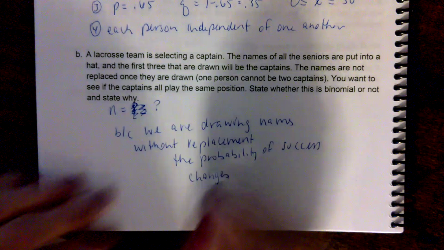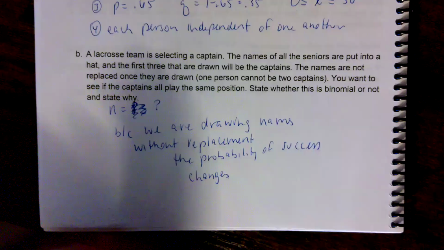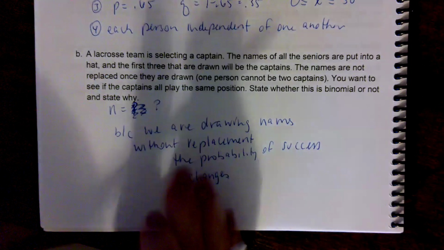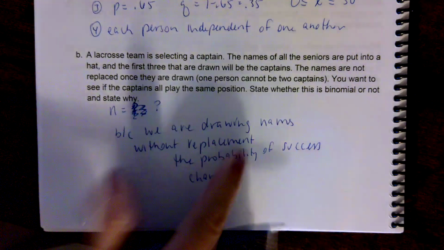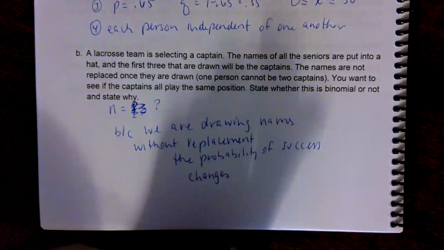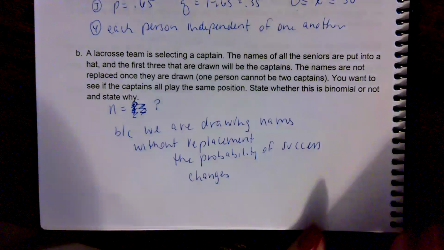So that fails right there, because remember that the probability of success has to stay the same from trial to trial. And this is going to keep changing because once I'm drawn as a captain, I can no longer be chosen. So there's one fewer people to choose from.